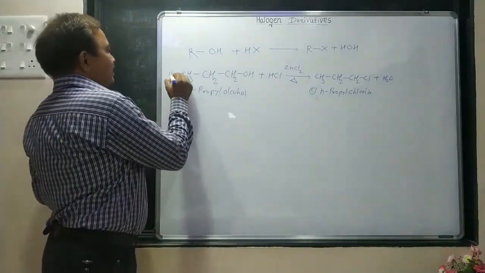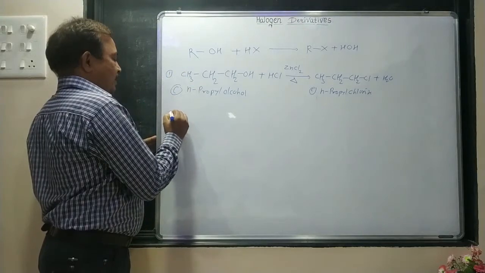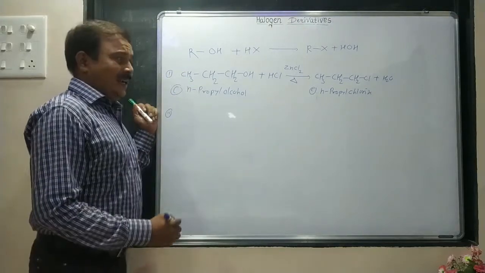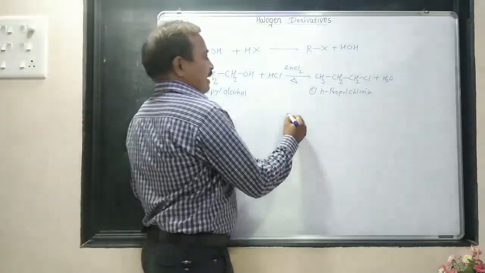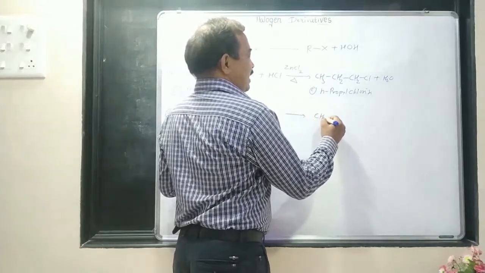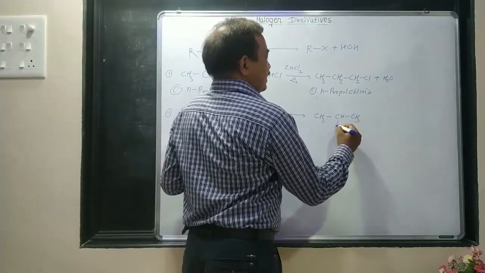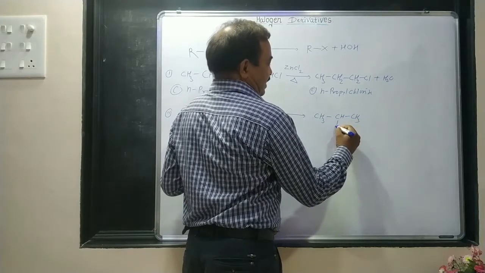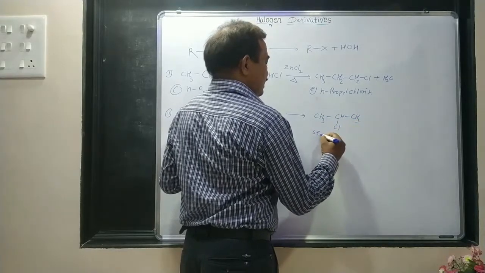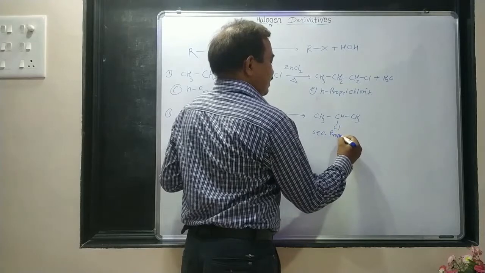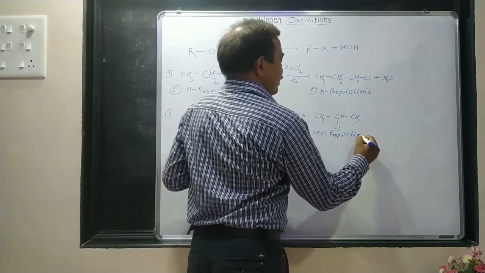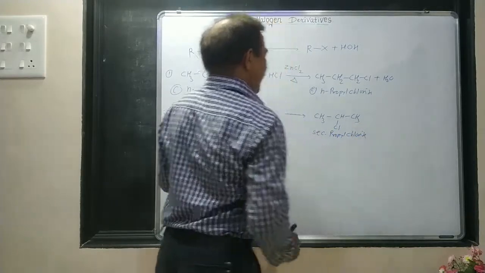Now in the second preparation, we will try to understand how secondary alkyl halides can be prepared. The secondary alkyl halide I will prepare is secondary propyl chloride.